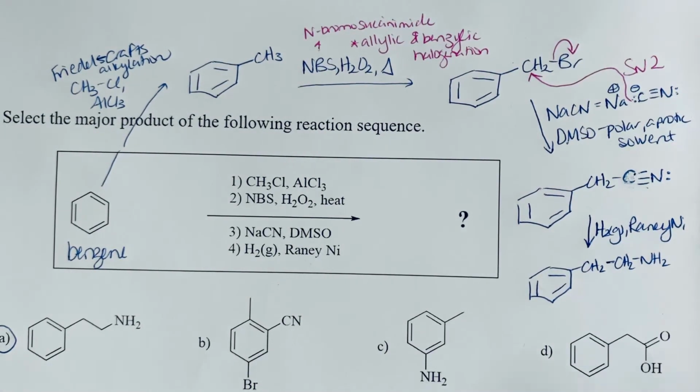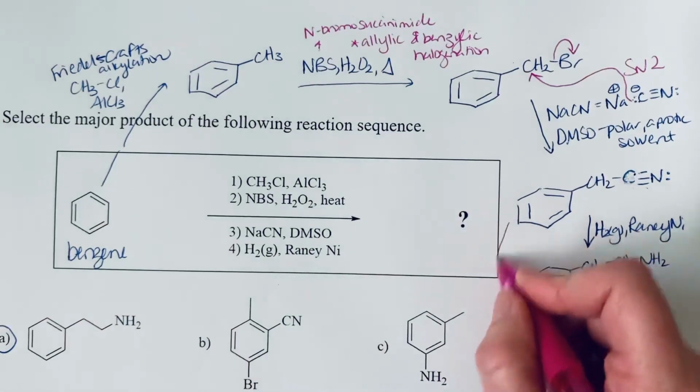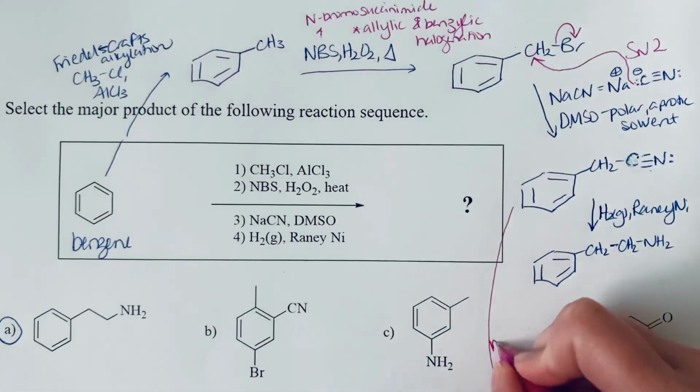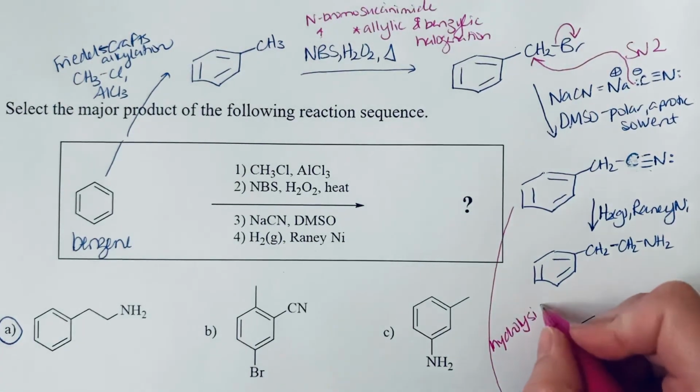And so out of these other options, if we wanted to get additional practice, B and C are going to be beyond the scope of this class to try to make those. But what we could do is we could make D. So if we changed up this last step, if instead of doing the hydrogen gas and Raney nickel, we could recognize that a nitrile can undergo hydrolysis to get to a carboxylic acid.